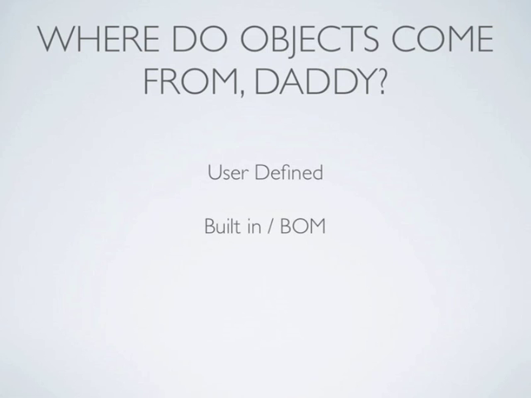JavaScript also has many built-in objects, a really huge number of them, and all of the built-in objects taken together are usually referred to as the browser object model, or the BOM. The BOM, the browser object model, is a huge hierarchy of objects inside objects inside objects that basically represent every part of the web browser itself and every part of the web page that the web browser has currently rendered.